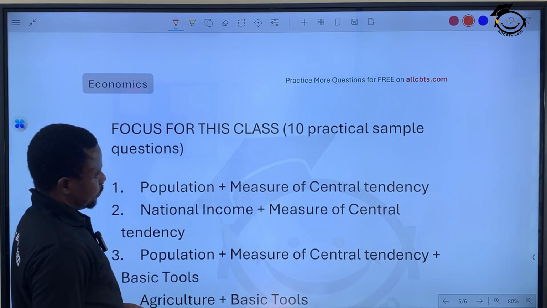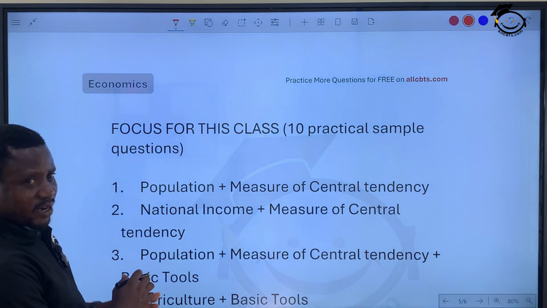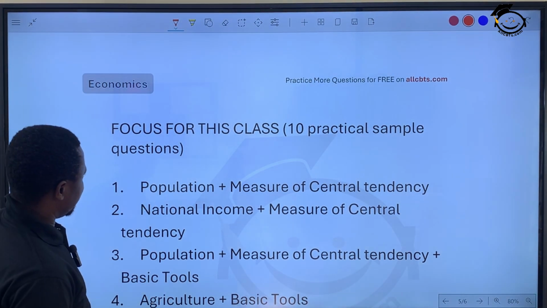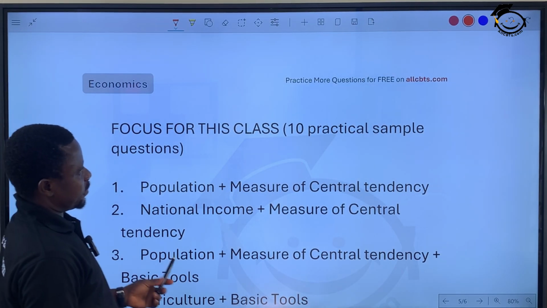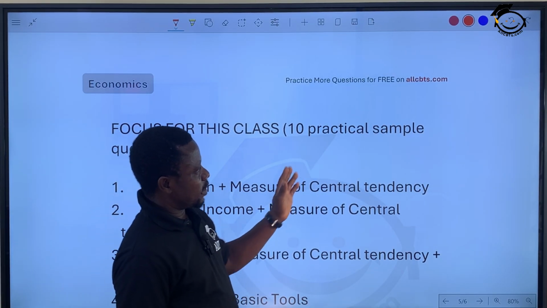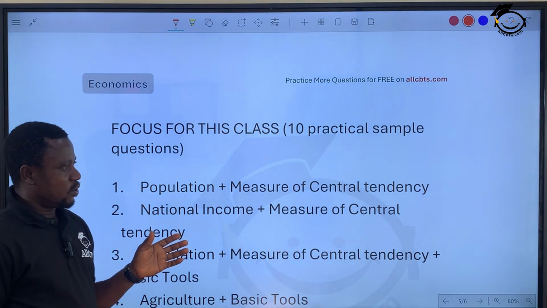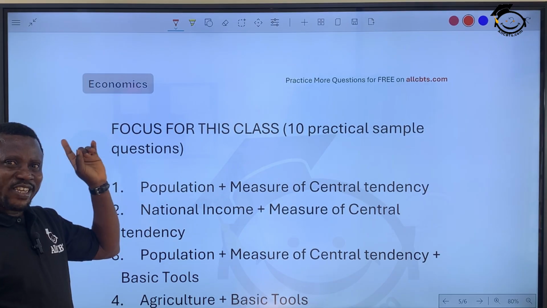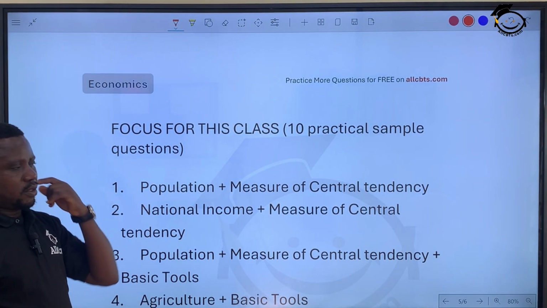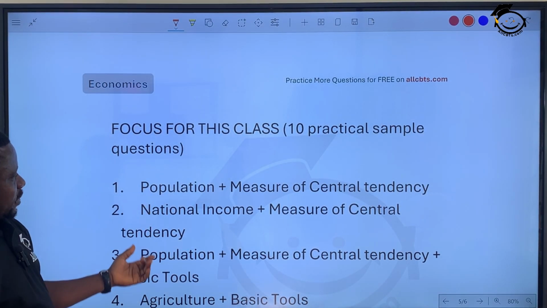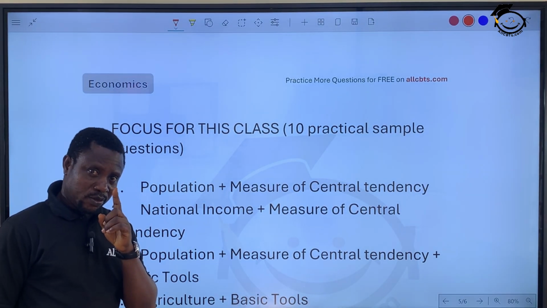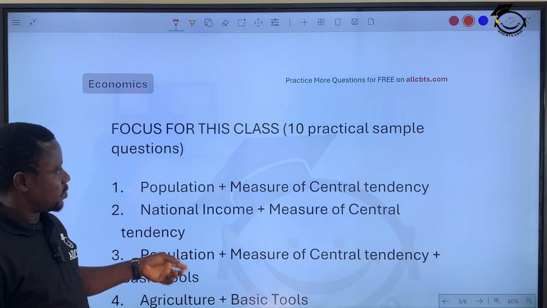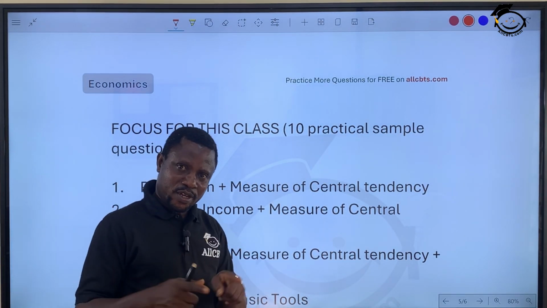They are not on screen, I'll be writing them, and then we'll work with them together within the limits of our time. So my focus for this class is to look at 10 practical sample questions, which I carefully selected to drive home your understanding of those areas of concentration. Right? The first question is one that combines the topic population and measure of central tendency together.